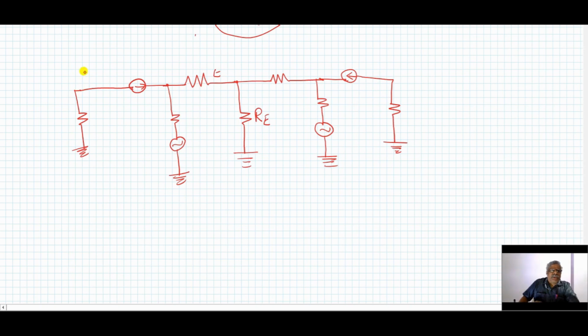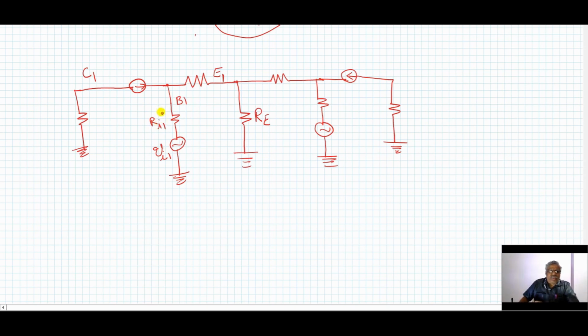This is the first transistor collector, so C1. This is first transistor emitter, E1. This is first transistor base, B1. So this is the input signal given at base 1. Let us call this as Vi1, and this is the corresponding internal resistance Ri1.